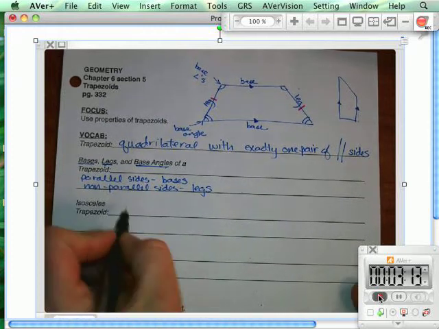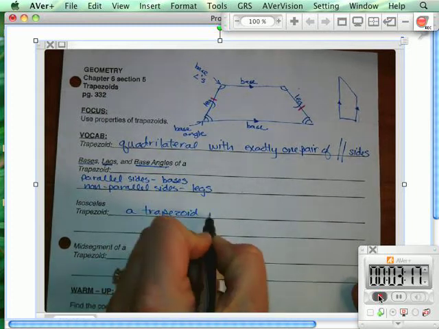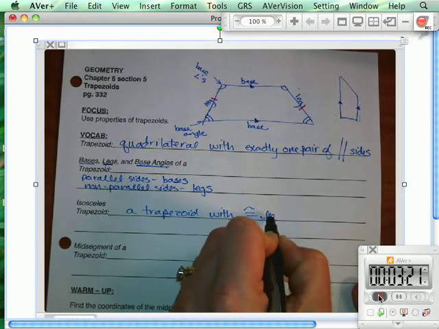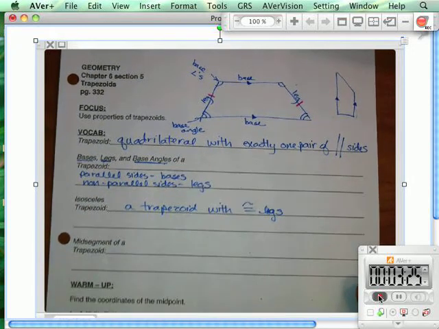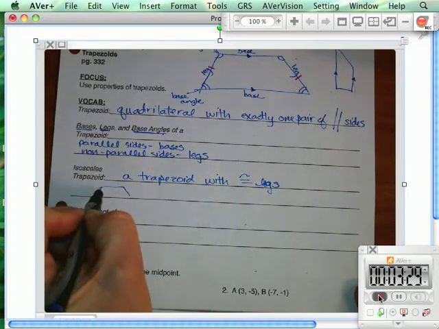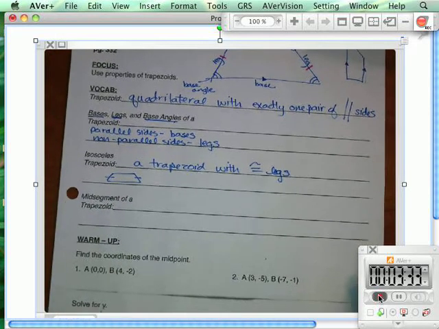A trapezoid with congruent legs. So if I were to draw something like this, that tells me that that's an isosceles trapezoid.